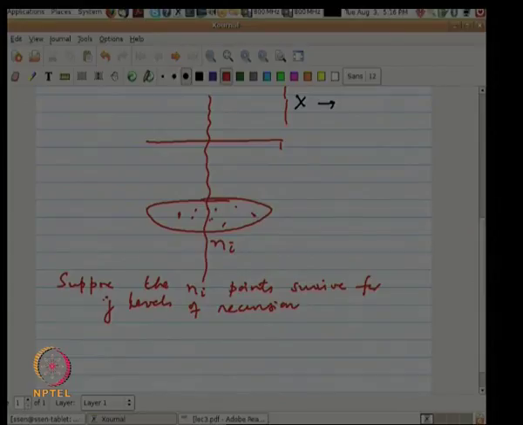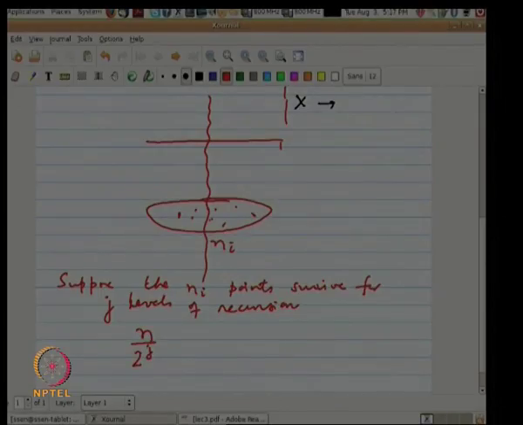Every time we do a recursion, the size of the sub problem is halved, right. So, at the jth level of recursion, the size of the maximum sub problem can be n over 2 to the power j. And this is the maximum size of the sub problem.